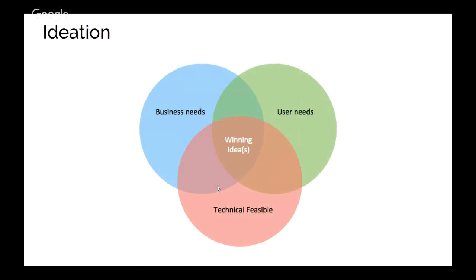At the end of this process, you should have three really good ideas through your ideation process. They should be ideas that meet the user's needs and are technically feasible. You may create something that meets the user's needs and feasibility but change the business organization, which is fine.